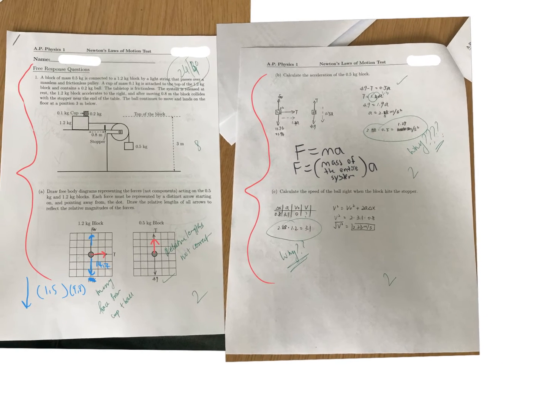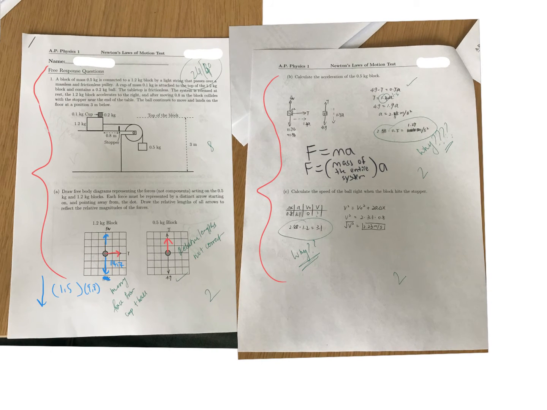That's the way I would go with it. So we'll bring that over here. We're looking at 4.9 equals the mass of the entire system times the acceleration. Now, what is the mass of the entire system? Well, that's what you get when you add this mass plus the cup mass plus this mass.